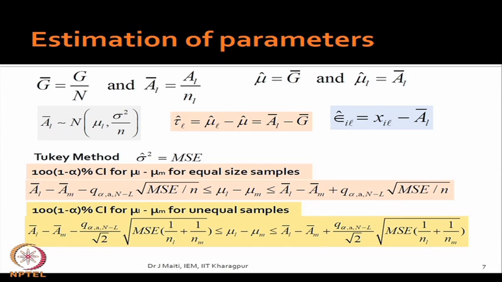So, you have to see the studentized range statistic table. Tukey statistics is popularly used. Then once you use this, you can go for this interval estimation. For equal sample sizes, it will be like this, and for unequal sample sizes, only that 1 by NL plus 1 by NM quantity will come into consideration.